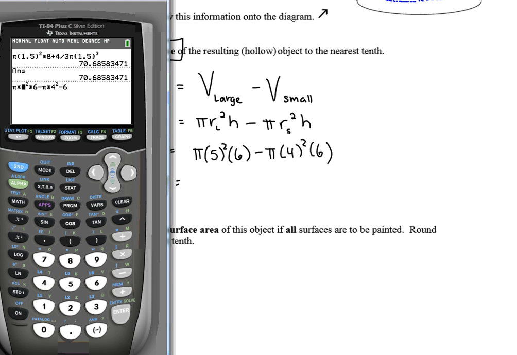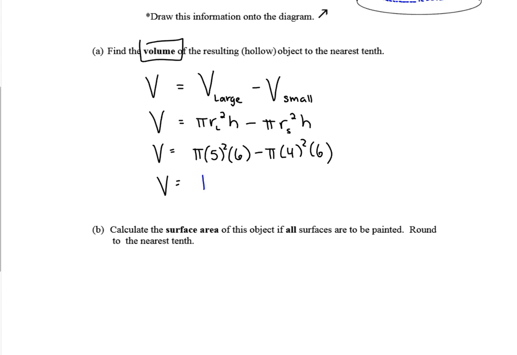Looks better. Okay, I see it. That's better. To the nearest tenth, what does that round to? 169.6 centimeters cubed.